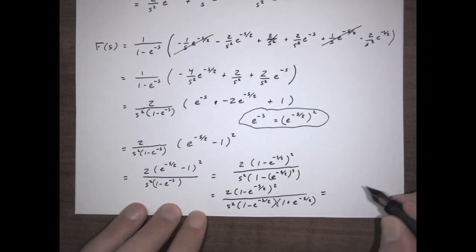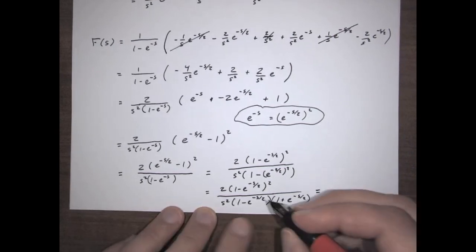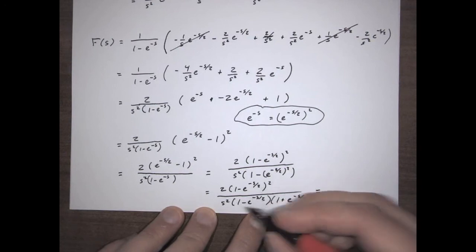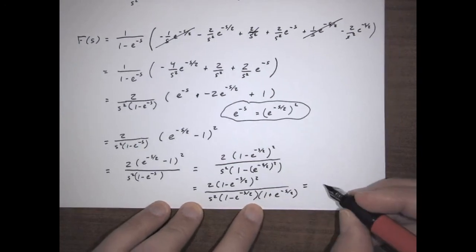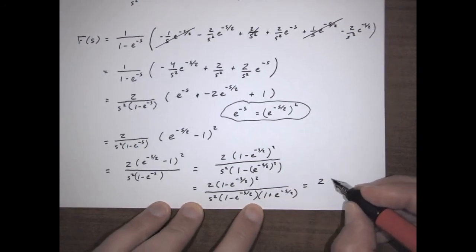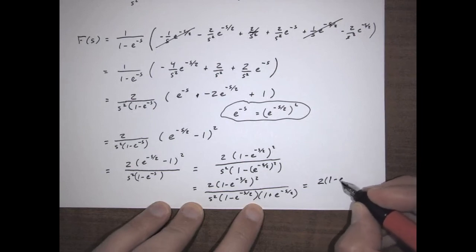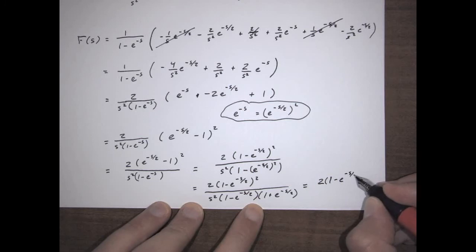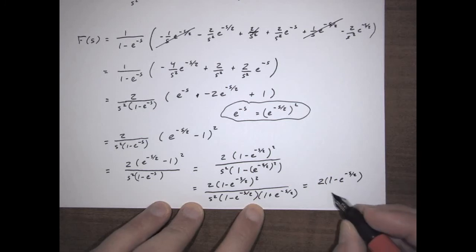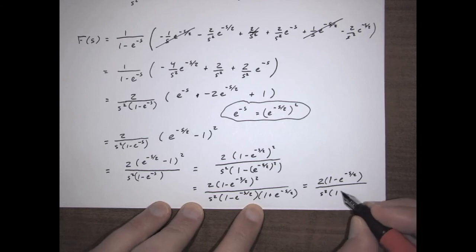And so what that is going to do is produce the same sort of cancellation that we saw previously. And so we're going to have 2 times 1 minus e to the negative s over 2 divided by s squared times 1 plus e to the negative s over 2.